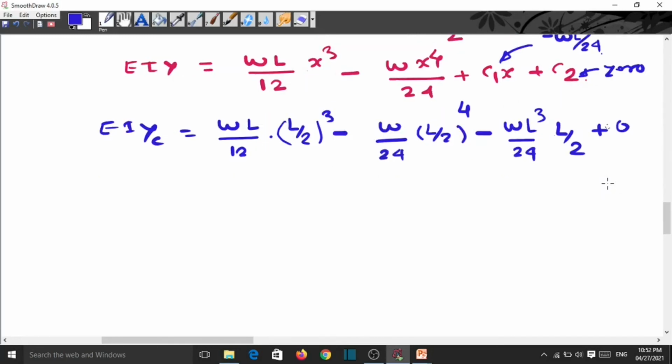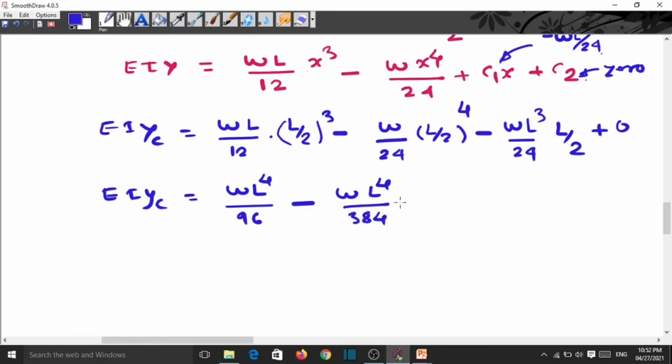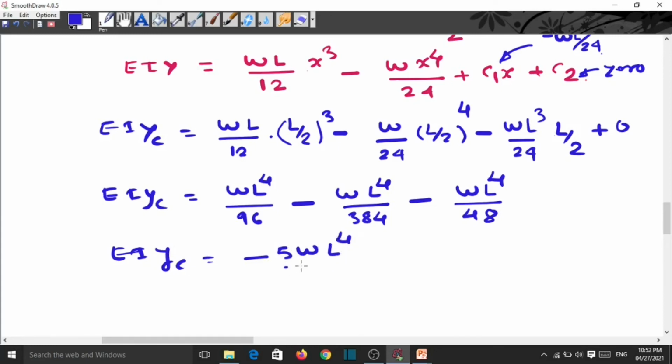So this becomes EI YC is equal to WL raised to power 4 by 96 minus WL raised to power 4 by 384, and this becomes minus WL raised to power 4 by 48. So the algebraic sum of these values gives EI YC is equal to minus 5 WL raised to power 4 divided by 384.